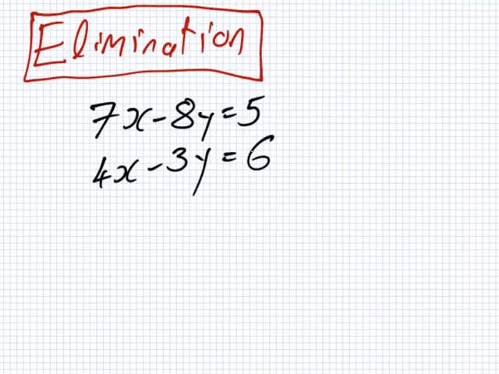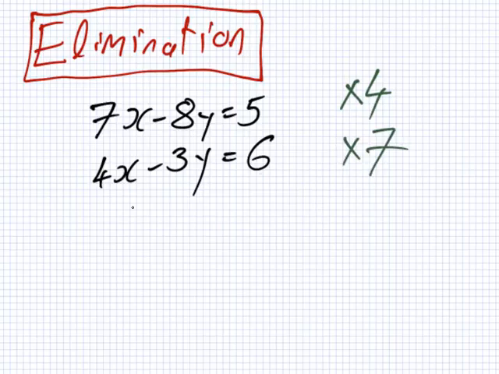You know this one? Yeah. You have a choice. You can try and eliminate the x or eliminate the y. It doesn't matter. We'll go with the x. So you look at the x and you say, okay, I want these to be the same. If I want them to be the same, I need to multiply this by 4 and this one by 7. And now they're the same.